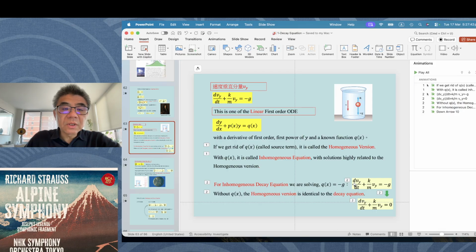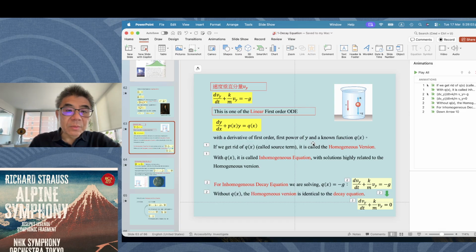horizontal component of velocity of a projectile motion, of course, with air resistance. And now let's move on to the other components, which is the perpendicular component Vy.